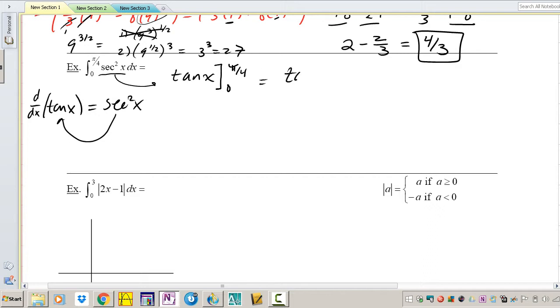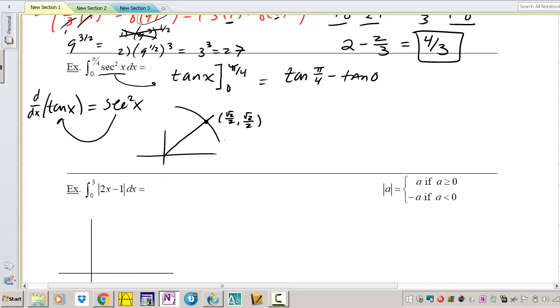Starting with the upper, tangent of pi over 4 minus tangent of 0. You need to remember your trig, and you also need to remember what it means to be pi over 4. Pi over 4 is 45 degrees, and on the unit circle, pi over 4 is the point square root of 2 over 2, comma, square root of 2 over 2.